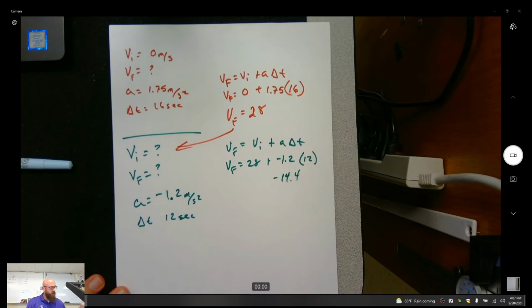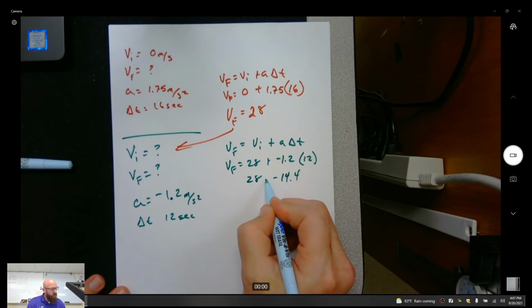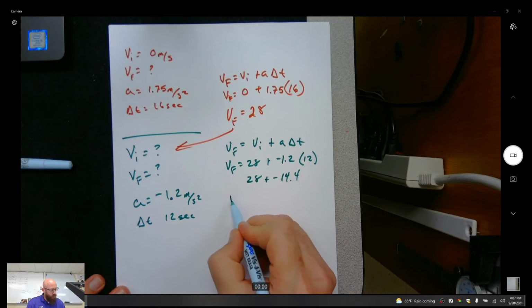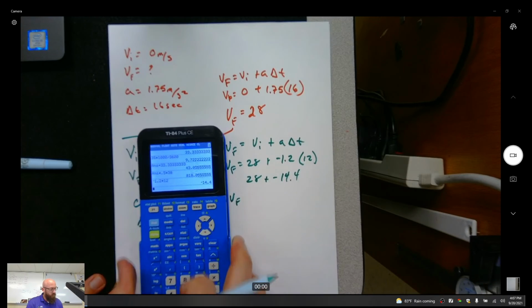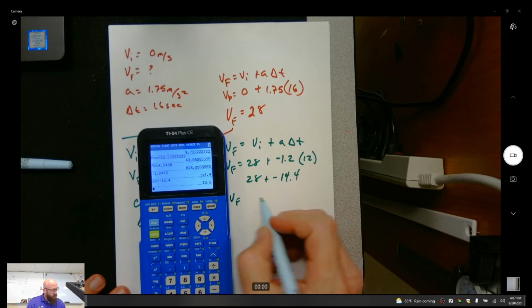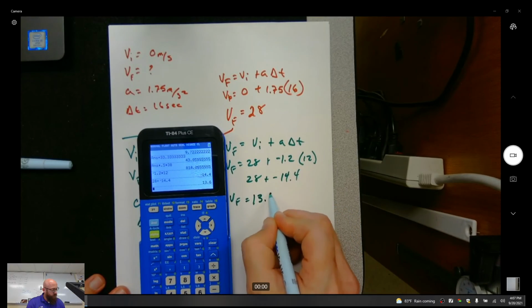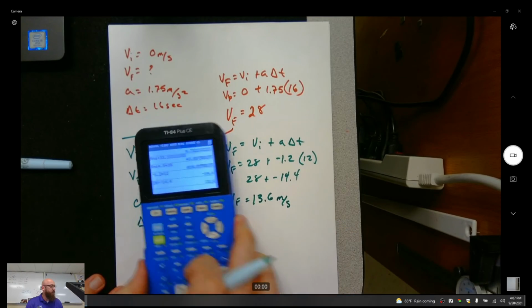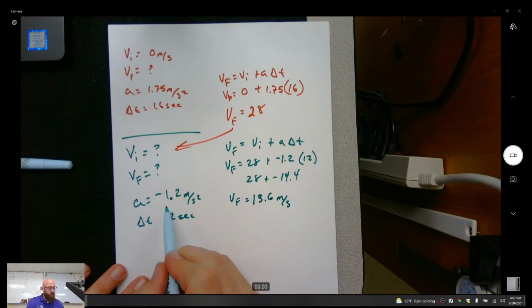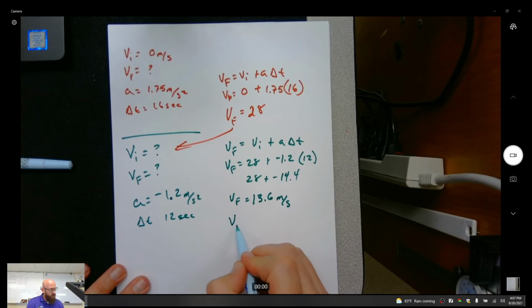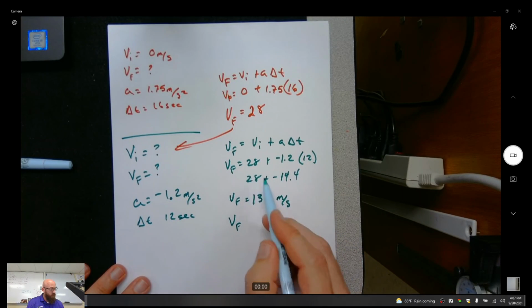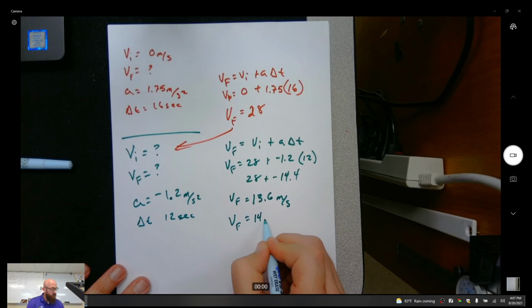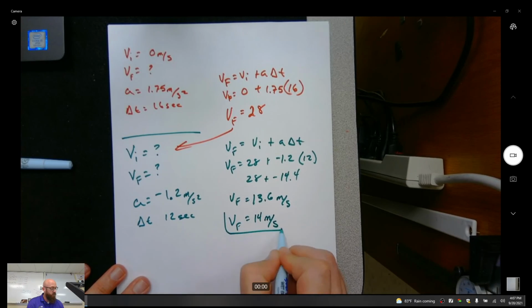Sorry, math wasn't working out for me. 28 plus a negative 14.4, you got that VF. So my final velocity is 13.6 meters per second. Now, the problem is, again, significant digits, two decimal places. Looks like two significant digits everywhere. Really, it should be 14 meters per second.